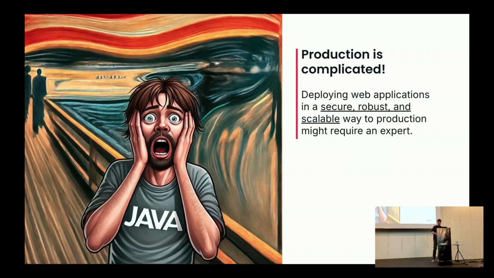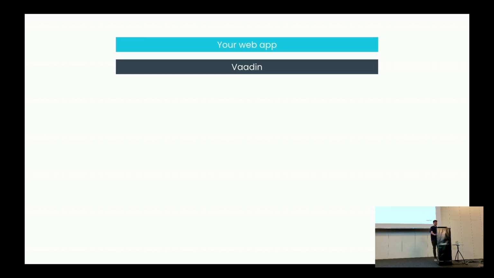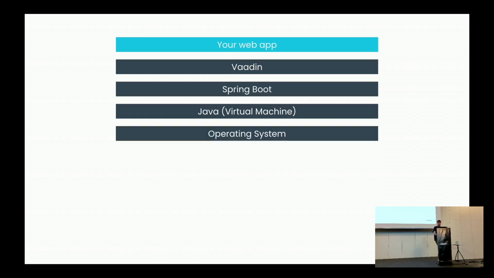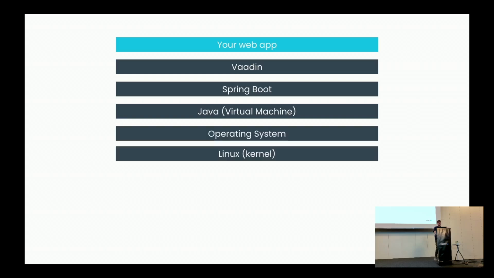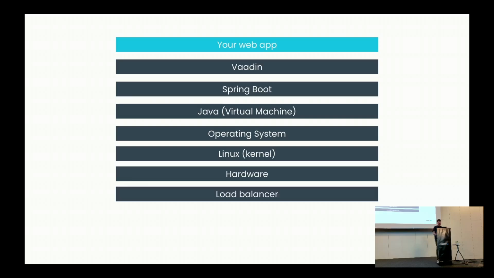So we wanted to start tackling this problem a bit, but maybe first just to touch on why it is the case. When you are building an application, you're just looking at your application code. And underneath, Vaadin does all kinds of stuff that hopefully makes it easier, and then Spring does, again, all kinds of stuff that hopefully makes it easier. But it goes deeper, like Java and operating systems, and there is a kernel in there, and then you need some hardware to run it on.